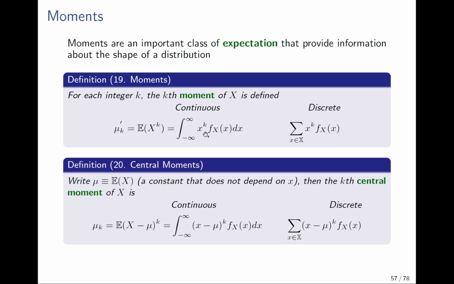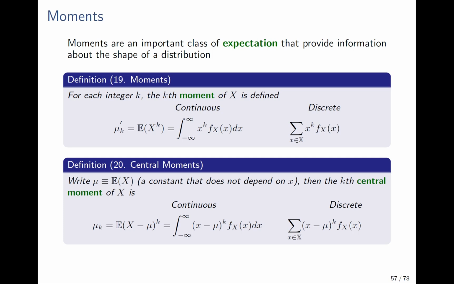Given what we've just said about the rules of expectation for a function of x, the moments must take this form here in the continuous case and this form here in the discrete case. Of course, if we set k equal to 1, then the first moment of x is simply the expectation in both the continuous and the discrete case.